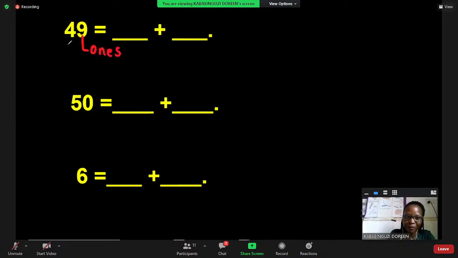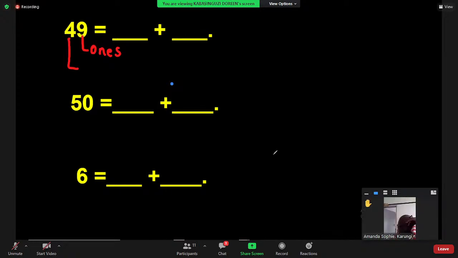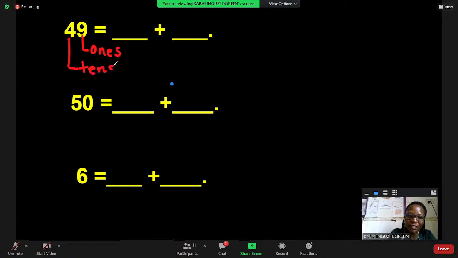Thank you. And 4 is in the place value of what, Amanda? Tens. It is in the place value of tens. Okay. So if 4 is in the place value of tens, how will 49 become what, Amanda, when you expand it?